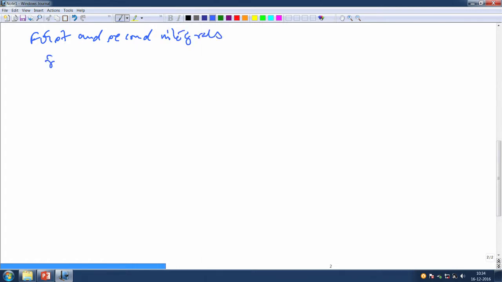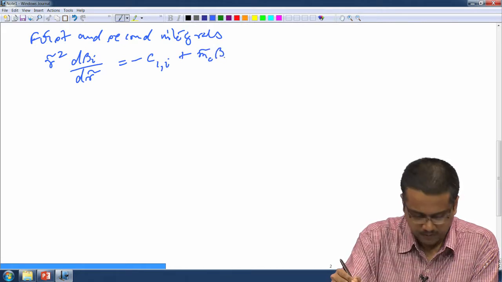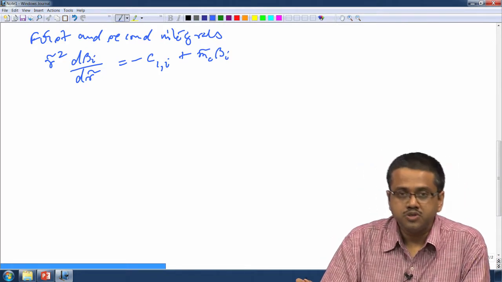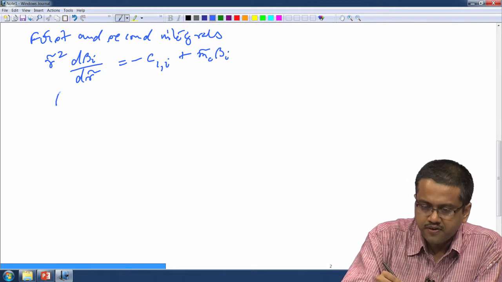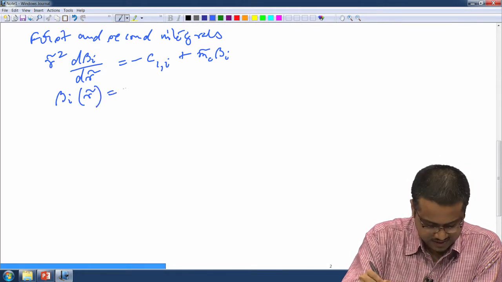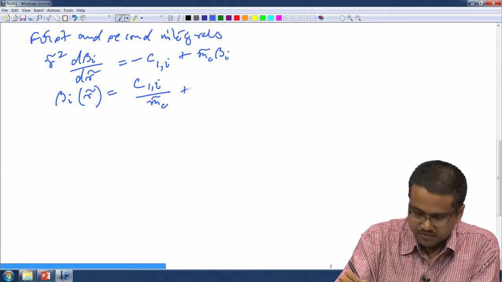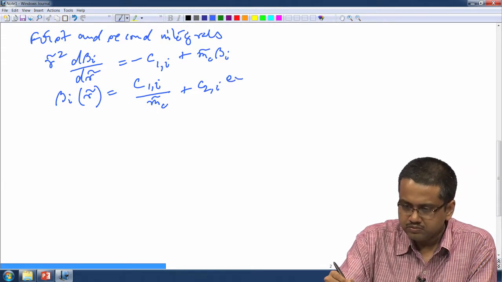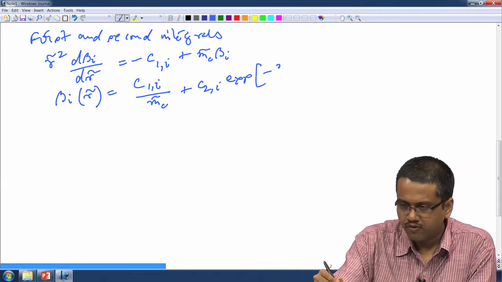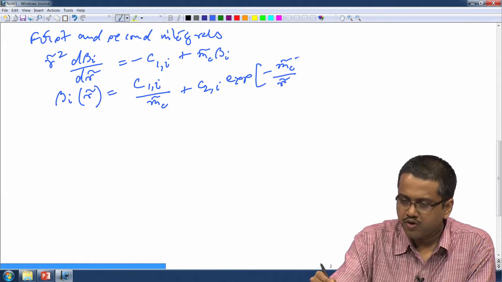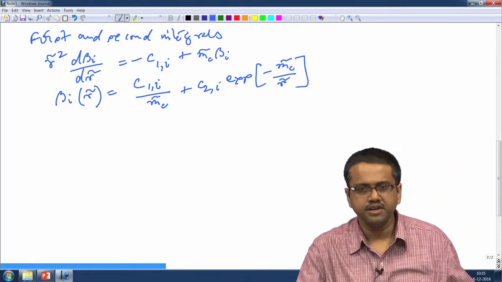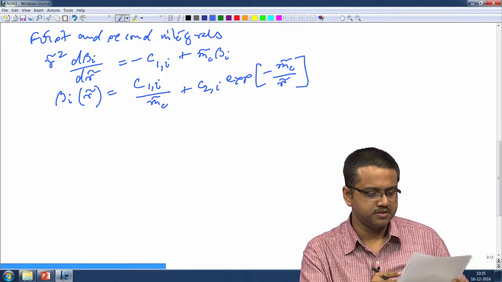That is what you get, that is the first one, and then this is the second one. If you integrate it one more time, that is the second integral that you are going to get out of this.